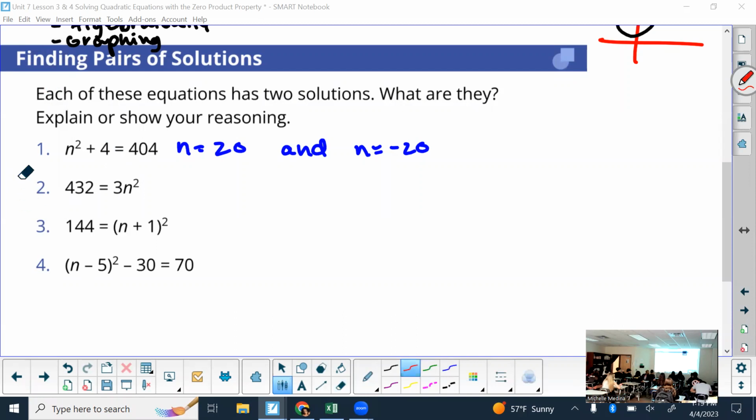So is number 2 that easy to guess and check what n could be? No, it's hard to think, oh, what can I square and then multiply by 3 to get 432. So if it were me doing that one, I would solve it algebraically, meaning isolate the n.